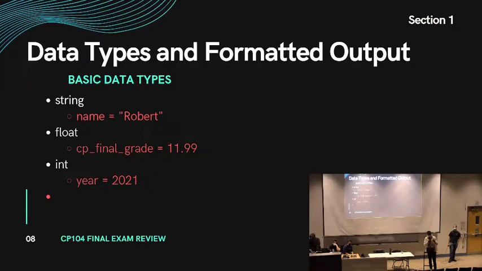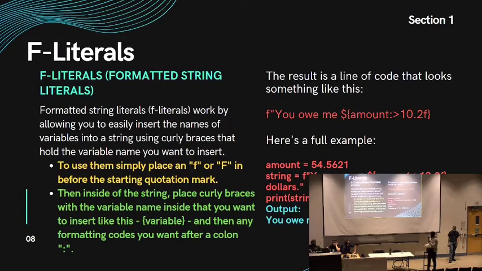These are like the 4 most important types of little built-in data structures that almost every language shares, right? For example, we have a name, Robert. It's enclosed in quotations, so you know it's a string. Then we have a float, which is basically any decimal point number. So we have 11.99, and then we see an integer, so it's a whole number, right?